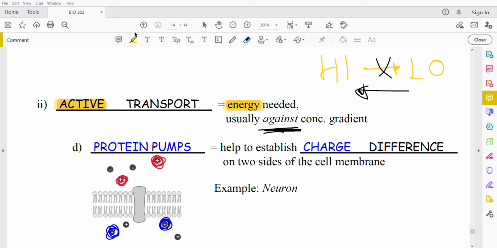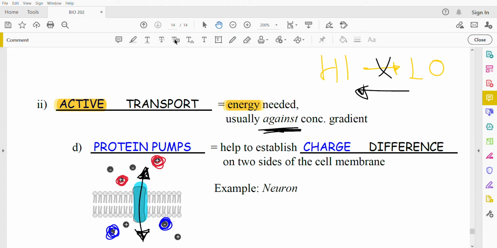But what happens now is that we take a protein here within the membrane, and this protein allows us to move these ions against where they would normally go to reach this equilibrium where materials from high concentration move to the areas of low concentration.